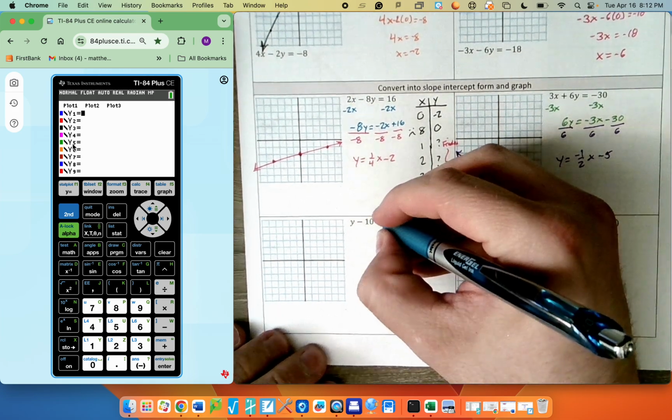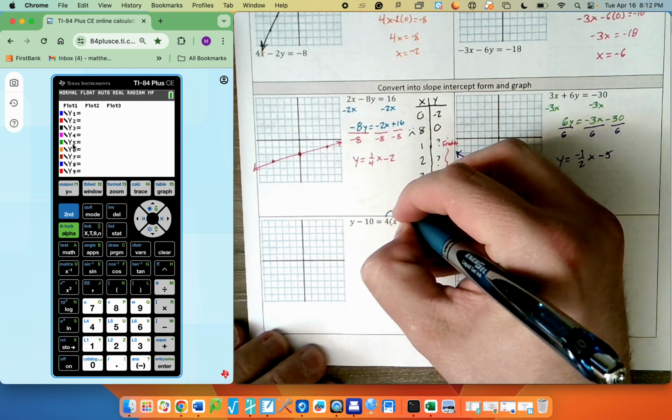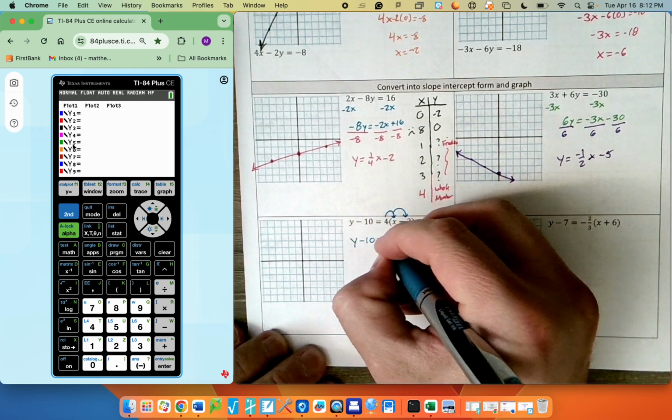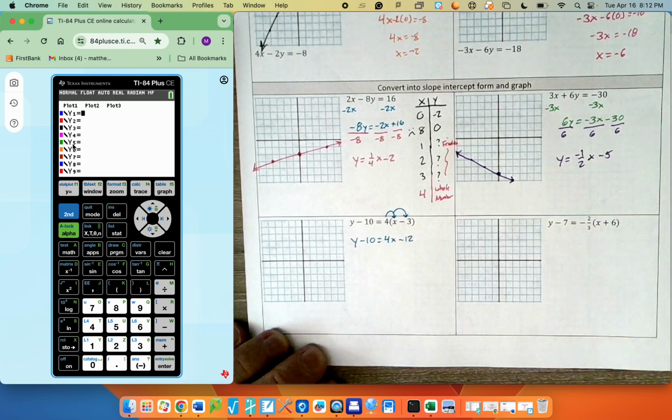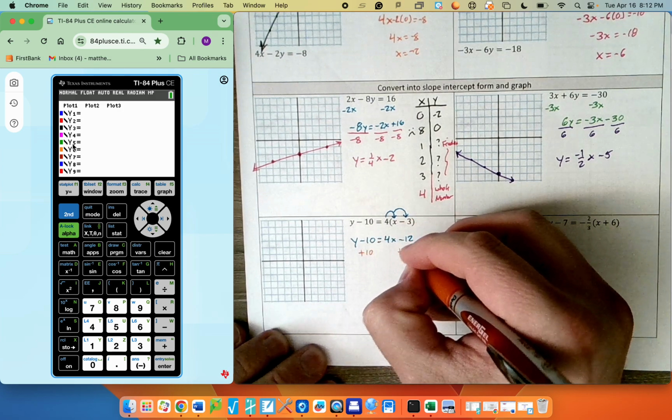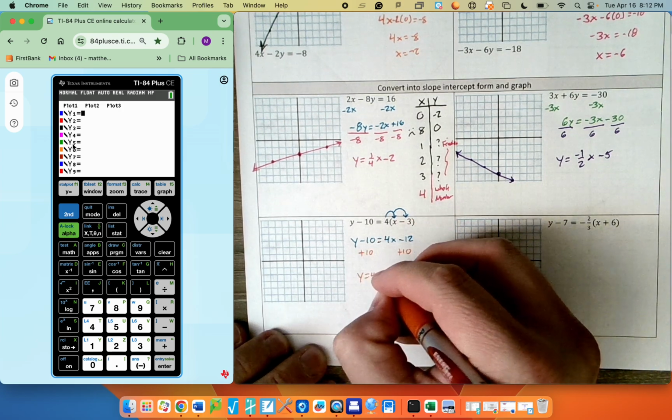This one, converting into slope-intercept form, is pretty easy. We're going to distribute. And in this case, we're going to add 10. Y equals 4x minus 2.